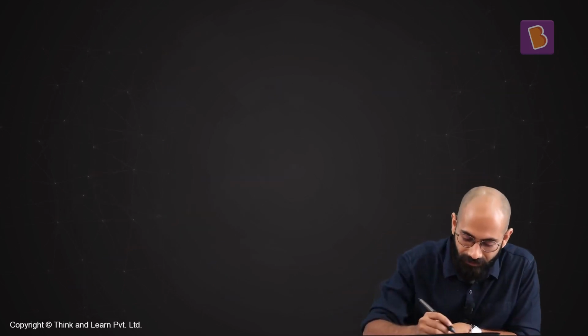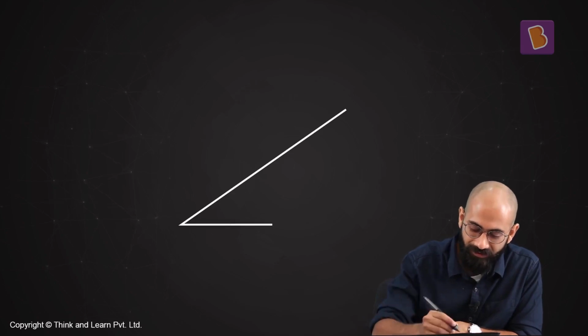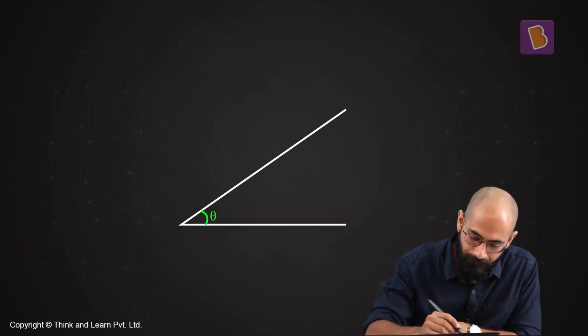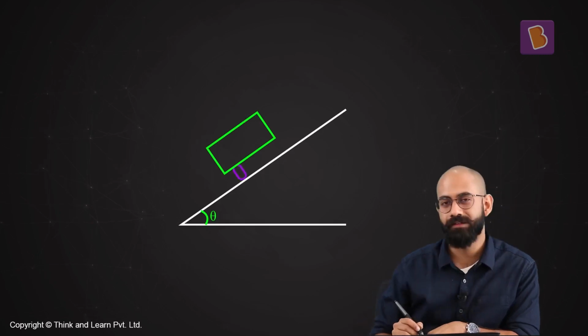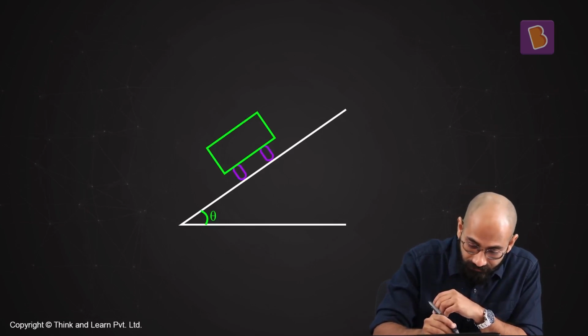Now if I draw the free body diagram again, let's say this is the ramp, this is the road, at that angle theta. This is the vehicle, okay? But it's going faster now, right?